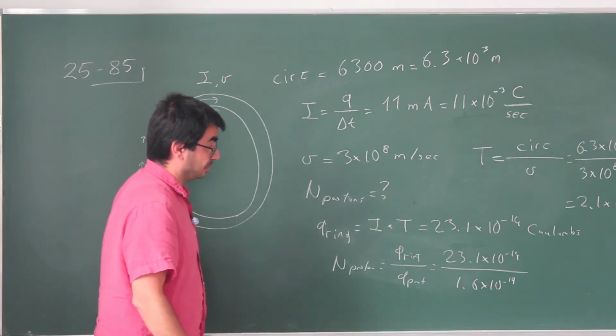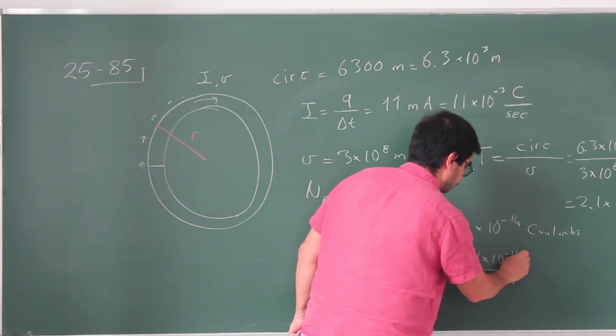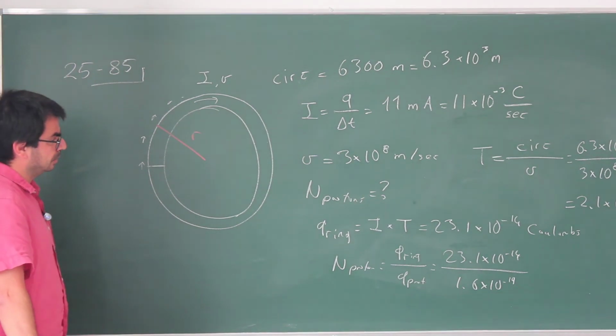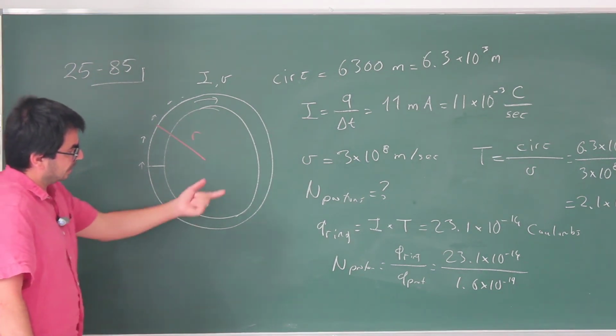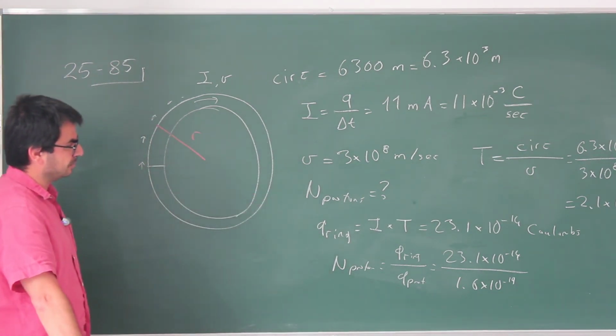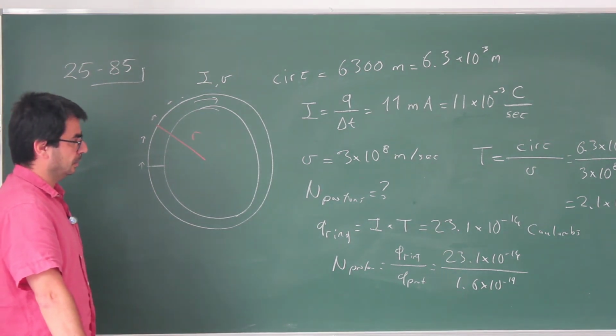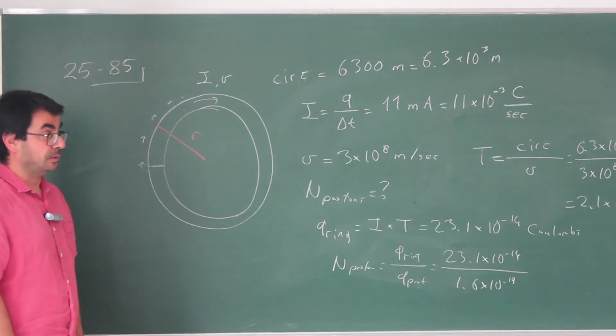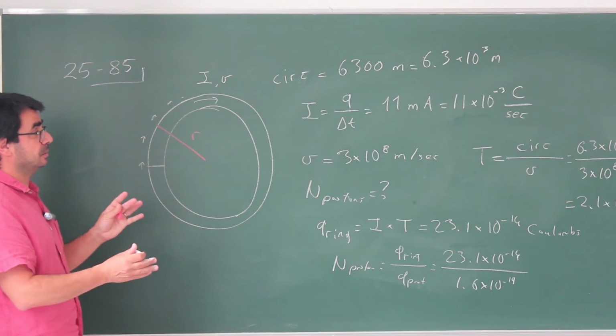So this is going to be a large number. Okay, it's not on the order of Avogadro's number, but it's still going to be a large number. So this is like 10 to the 5, so something like a million. Something of the order of a million protons are going around at a given time in the Tevatron accelerator in Fermilab. Okay?